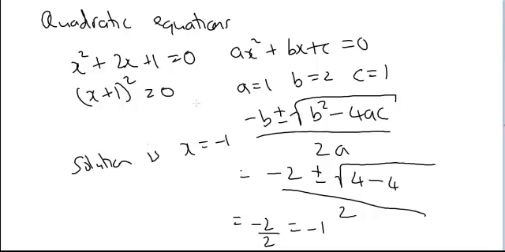What we didn't touch on was complex solutions. But again, the formula works, and so it's a complex solution if you end up with a negative number here. So you end up with plus or minus the square root of minus 1 or minus 4, and that'll give you a complex solution.